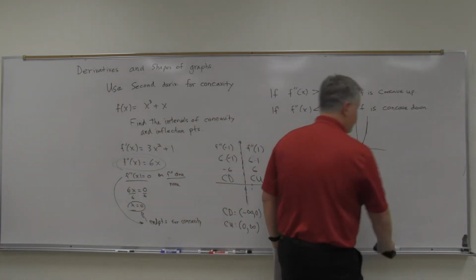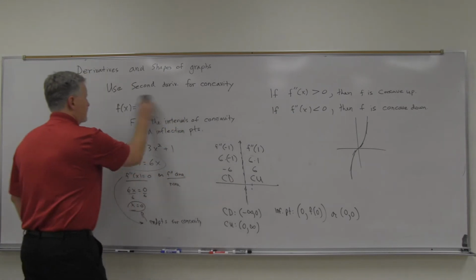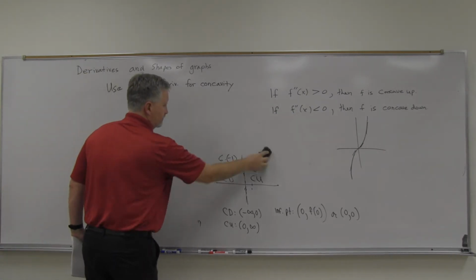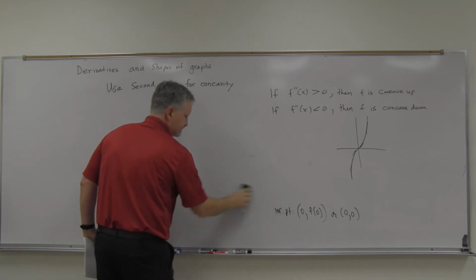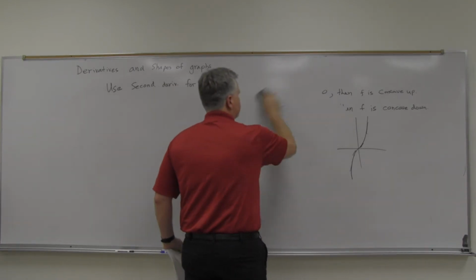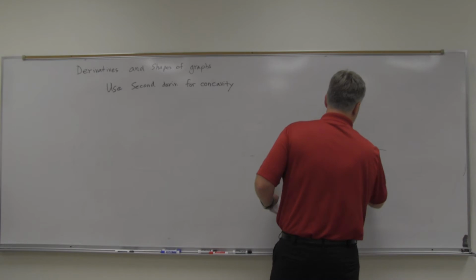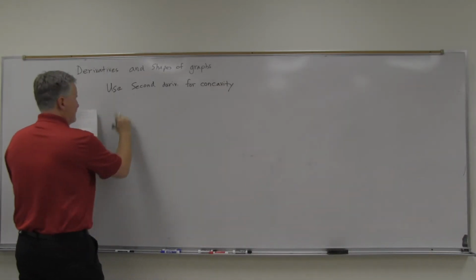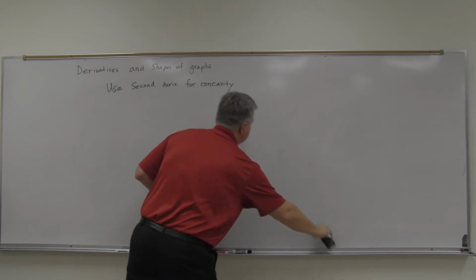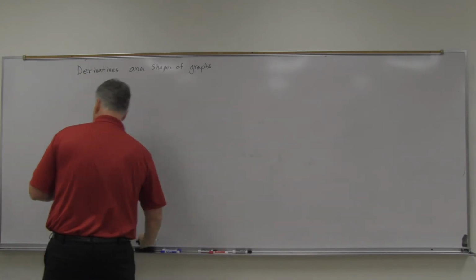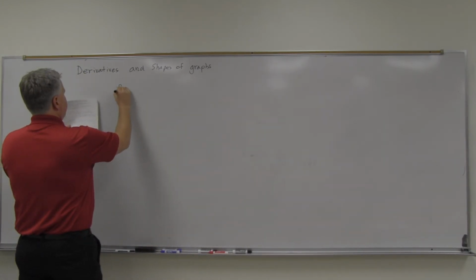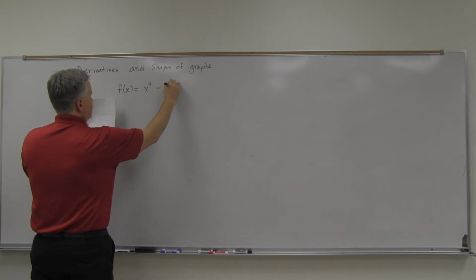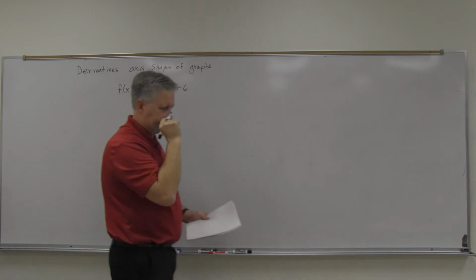Okay, so let me just go through one more here, time remaining. Go through all parts here. So we've got f of x equals x to the fourth minus x cubed plus 6.